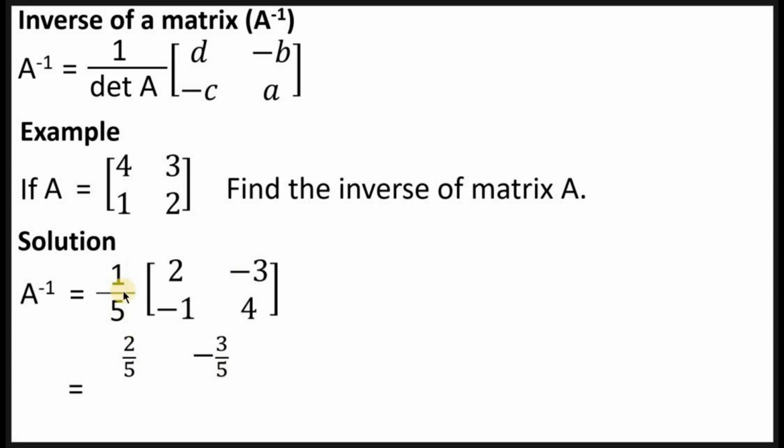Then 1 over 5 times negative 1 gives negative 1 over 5. Then 1 over 5 times 4 gives 4 over 5. So this is the result that you get. You have seen, right? This becomes the inverse of this matrix. So to find the inverse of matrix A, it's this answer here, guys. Nothing more, nothing less.